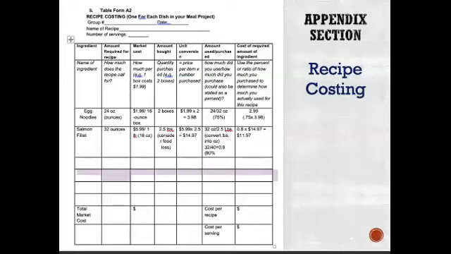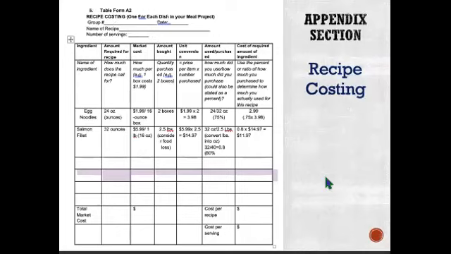Remember that you're going to have to write a report, and if you follow the template I provided, you will see all your writing sections, and then at the end, you're going to have your tables. These tables are where you're going to do your recipe costing.